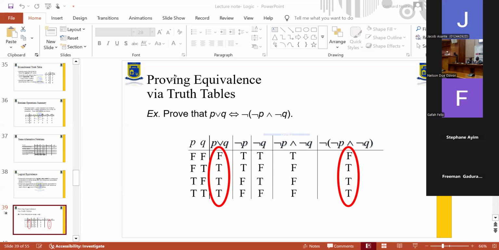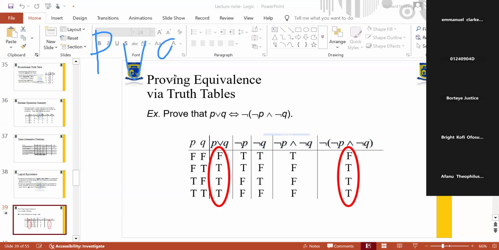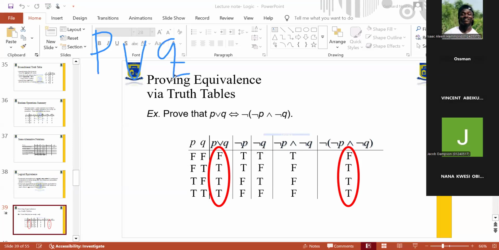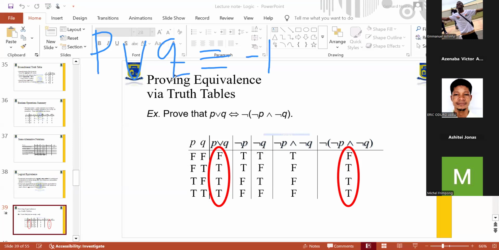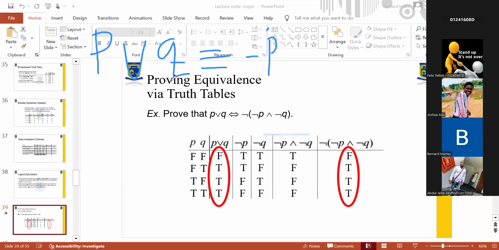So I am taking it again. We are saying that P or Q is logically equivalent to negative P and negative Q, right?